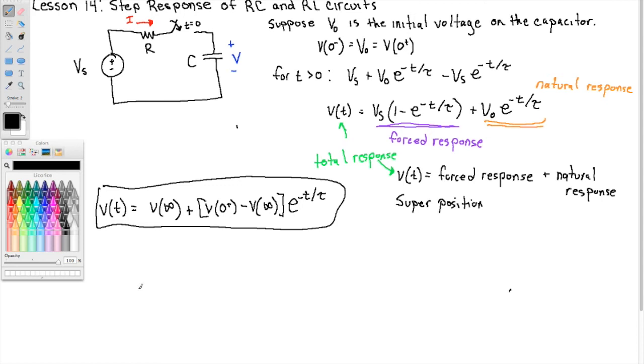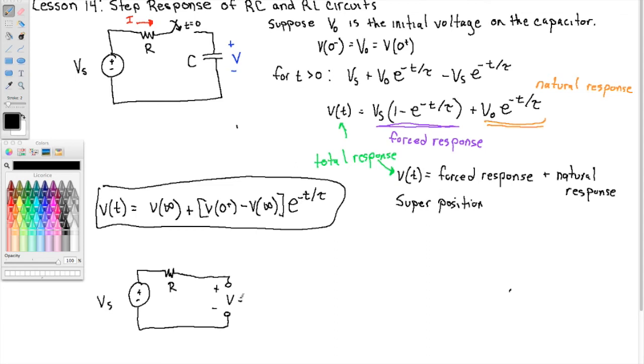So in this case, here's Vs. We're at time equals infinity, so the switch is closed, but the capacitor has reached its DC steady state. So what's this voltage here? Well, there's no current that flows through the resistor, so there's no voltage drop across that resistor.